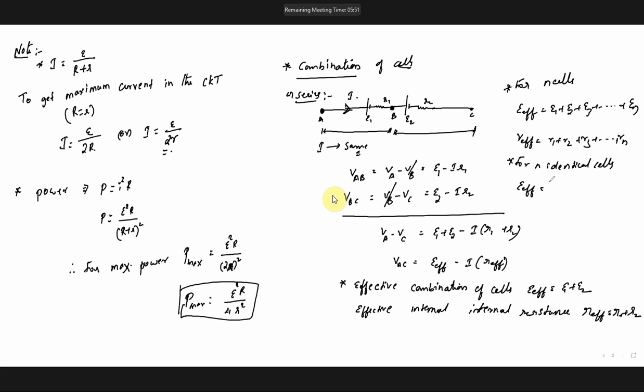So then we can write E effective as nE, and R effective as nR. Please understand this. If you're done with this, I'll go for the next concept.